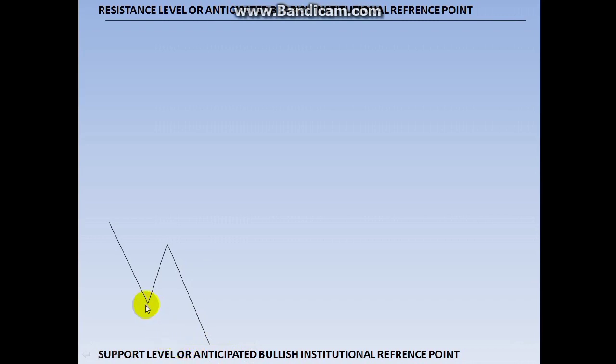This can as well be a run on liquidity to take out the sell side liquidity resting below this old low. We don't know that for sure until we have a potential shift in market structure. Right now we are just seeing that price has traded down to a support level and we are watching out for our breaker block.